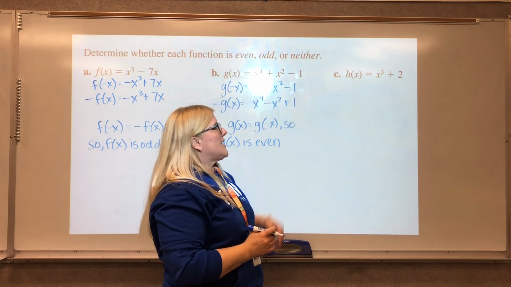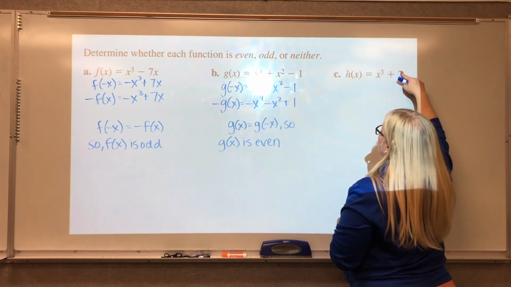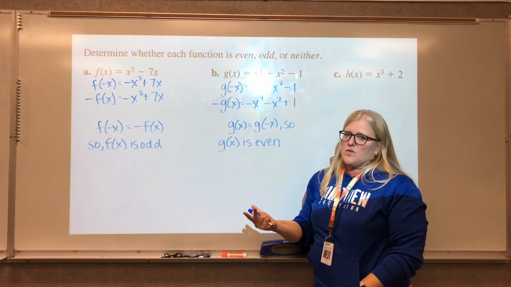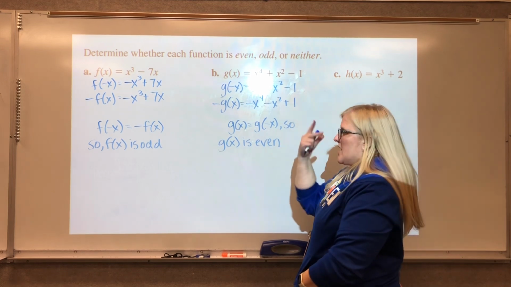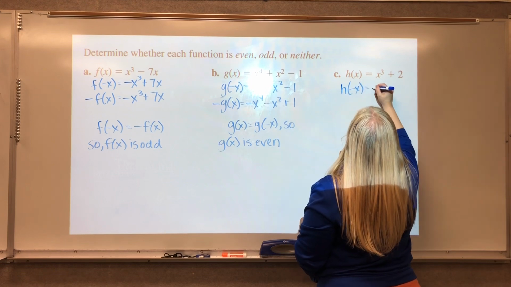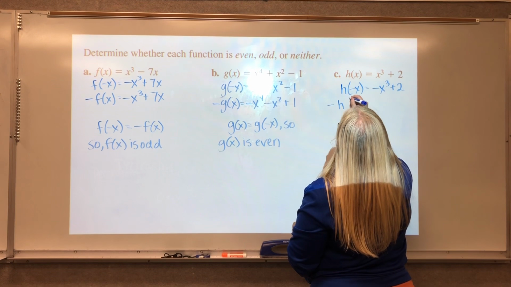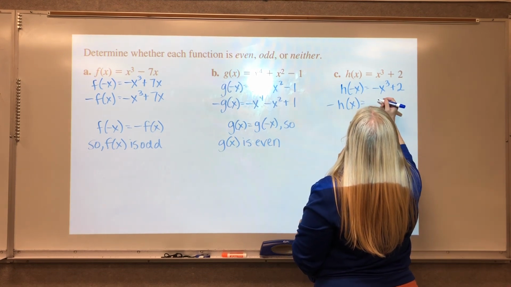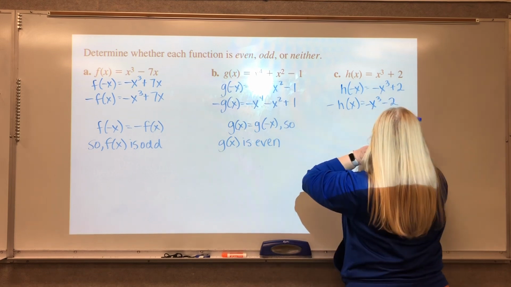All right, finally, what do we notice here? This is odd, this is even, which is the case with most polynomials. So it's going to be neither, right? But we've got to prove it. So h of negative x is negative x cubed plus 2, and negative h of x is negative x cubed minus 2.